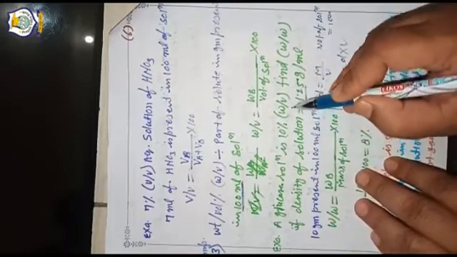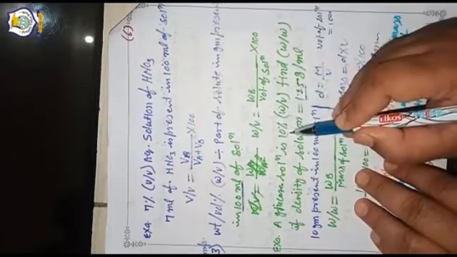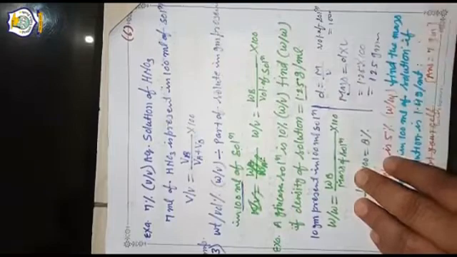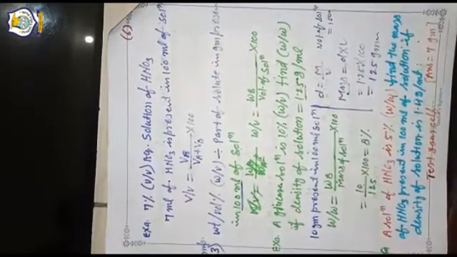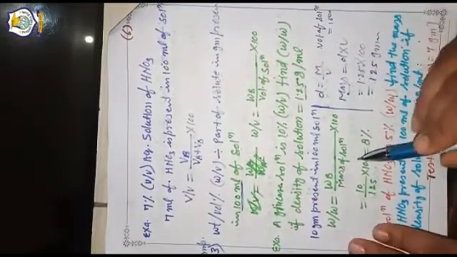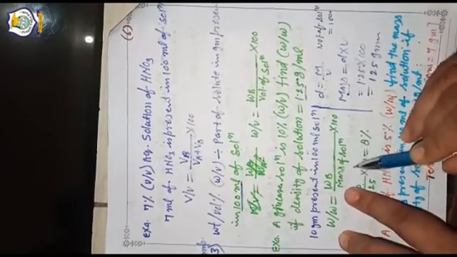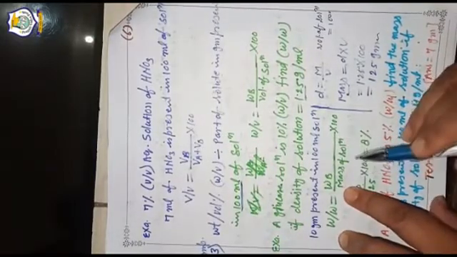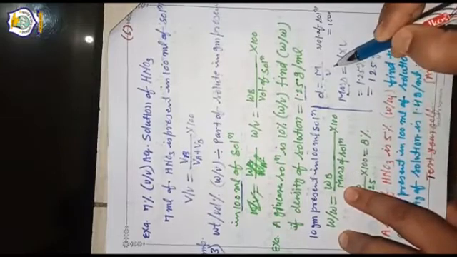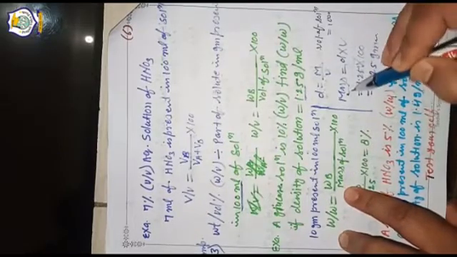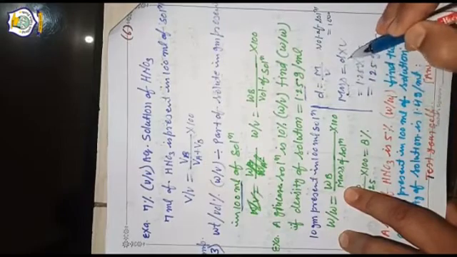In case of W upon W, this is the weight of solute, but for finding the value of W upon W, the mass of solution is required. The mass of solution is calculated using this formula: mass of solution equals D into V.